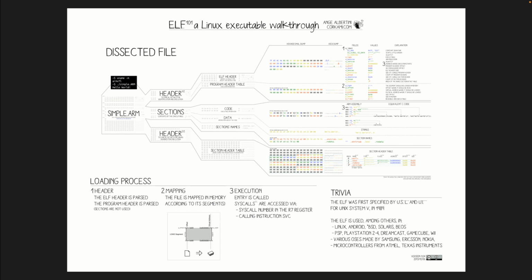You'll see initially the ELF header and the program header table. Those are both sections that we'll be using with Lief to pull some categorical information, which will be useful for the data analysis later on, so we can group things. And then also the code, data, and section names.